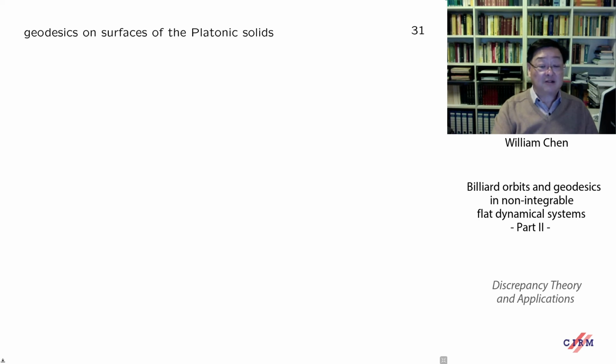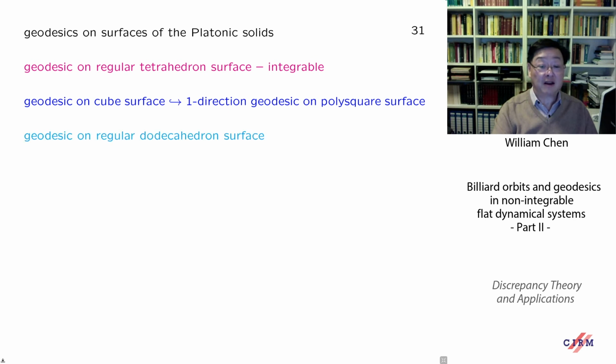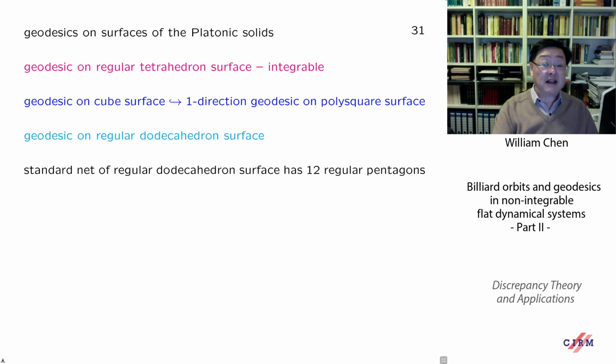The next question that we want to look at is geodesics on the surfaces of the Platonic solids. The first Platonic solid is the regular tetrahedron surface. That's an integrable system. The next one is the cube surface, and we've discussed that already. The third one is the regular dodecahedron surface. Now, the standard net of the regular dodecahedron surface has 12 regular pentagons.